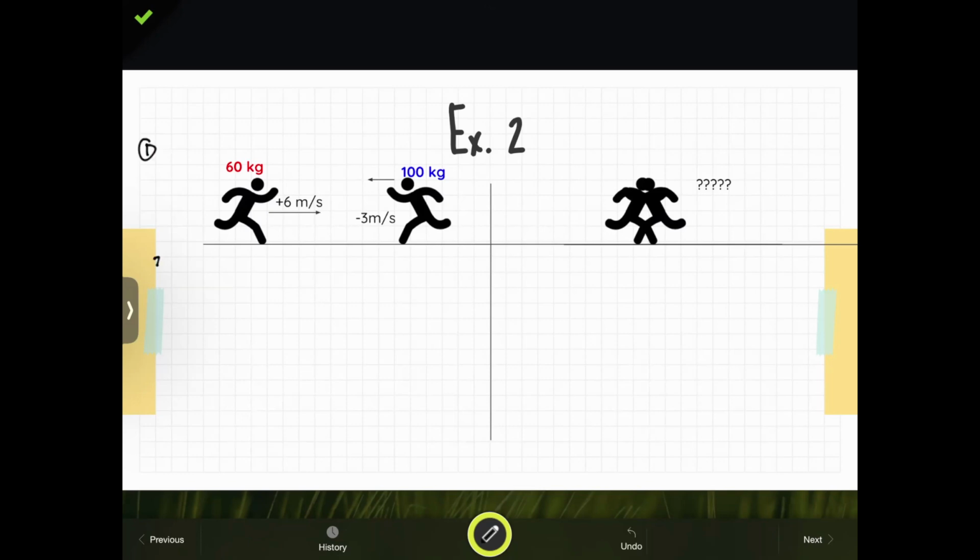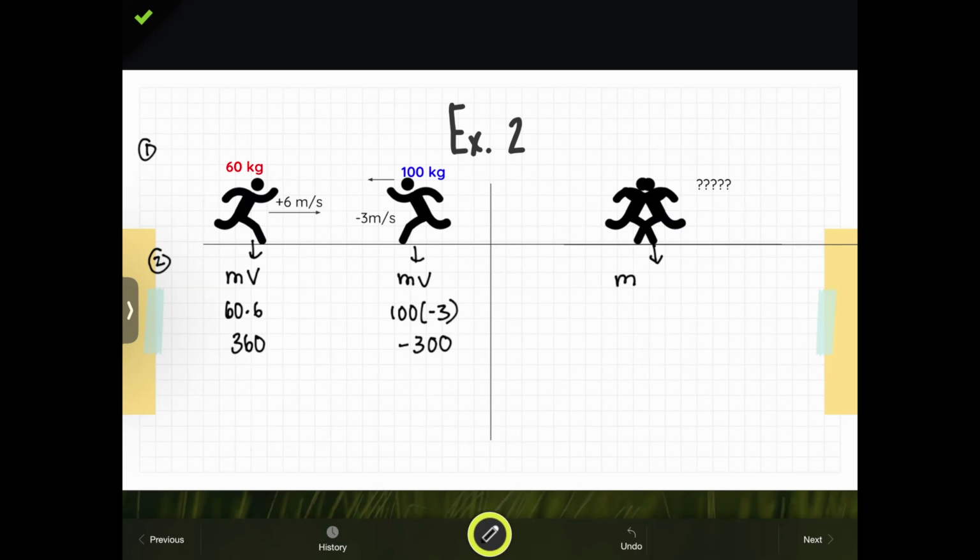Let's calculate the momentum of each person in the system. So the momentum of player 1 is 60 times 6, or 360 Newton seconds. Player two's initial momentum, their mass times velocity, is 100 times negative 3, or negative 300 Newton seconds.